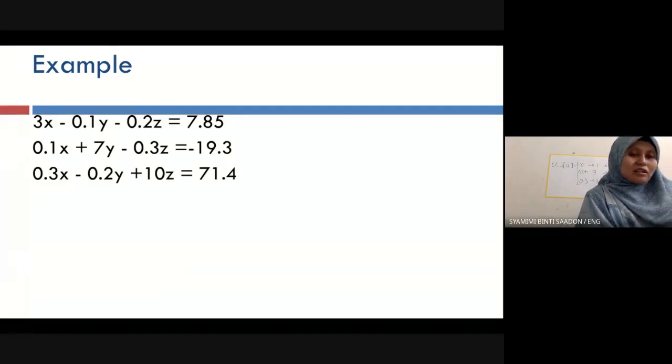I think that's all. But you can proceed on your own, if you want to solve the same question, the example just now, the linear algebra question, and finish the LU decomposition method.